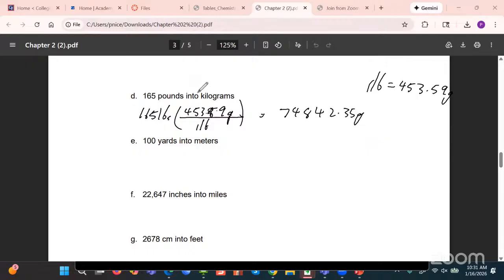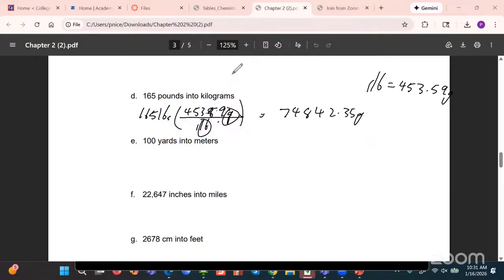Now here's another thing you have to keep in mind when doing these calculations. Here we have a metric unit, and here we have a non-metric unit. When you're going from metric to non-metric or vice versa, you have to take these numbers into account in terms of sig figs, not so much the 1 pound, but the other number here.